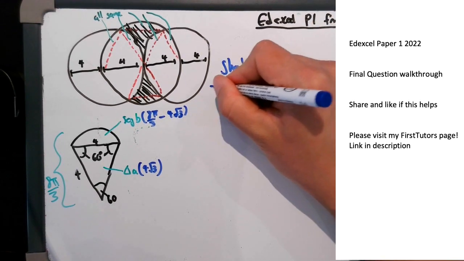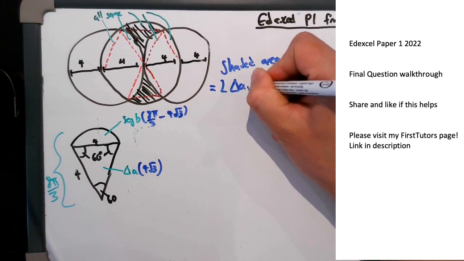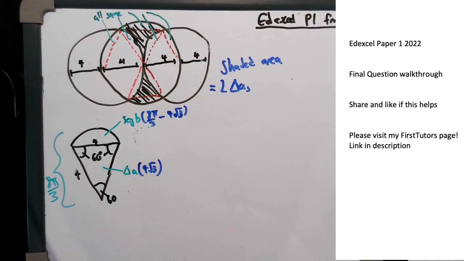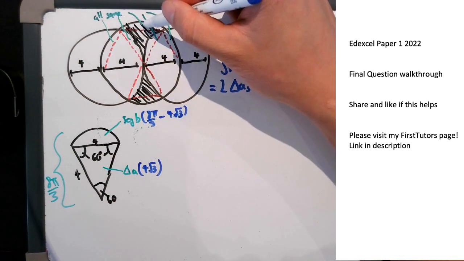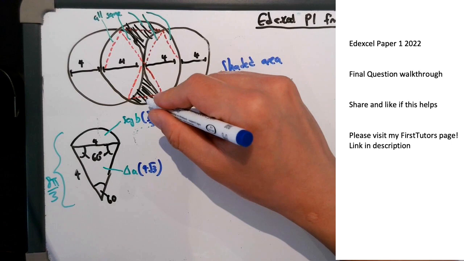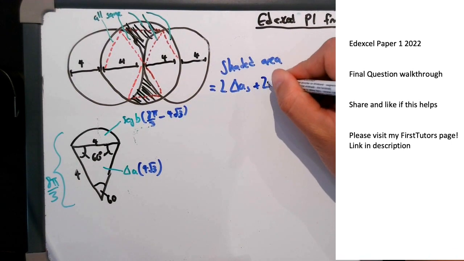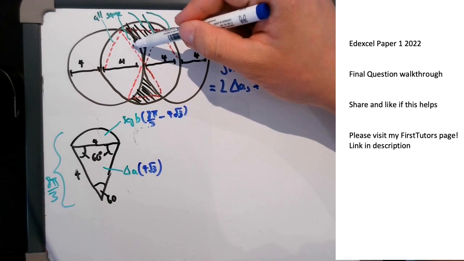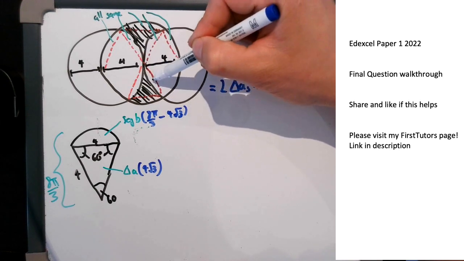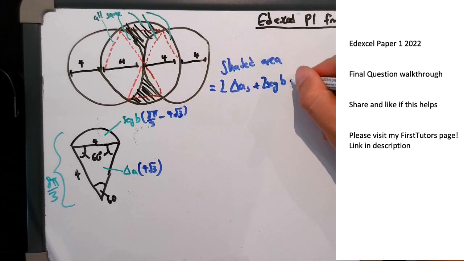Shaded area equals 2 triangle A's, or two of the equilateral triangles, plus, so there's one segment here that's part of shaded, and another segment here that's part of shaded, so plus 2 segment B's, but then there's also 1, 2, 3, 4 of the segments that are not part of the shaded area, so minus 4 segment B's.